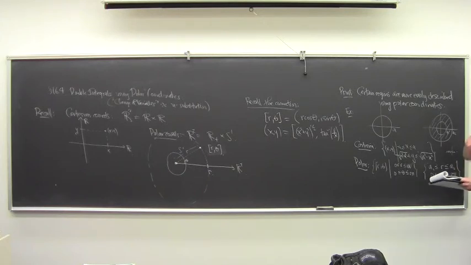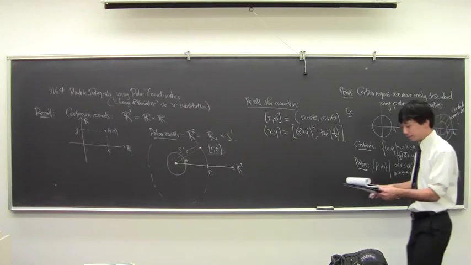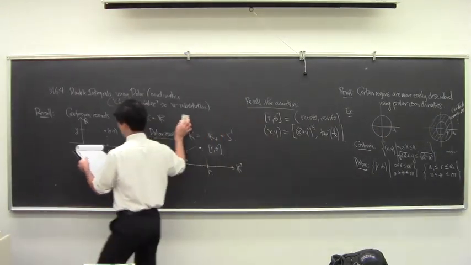Right, and then there are other things that are more easily described using polar coordinates, so-called cardioids, lemniscates, etc., which are easily described using polar coordinates, but not so easily with Cartesian coordinates.